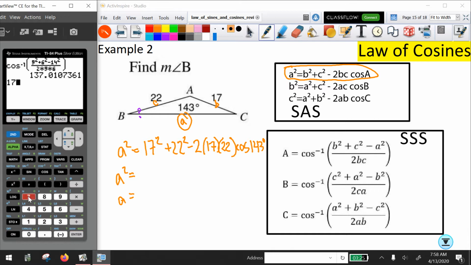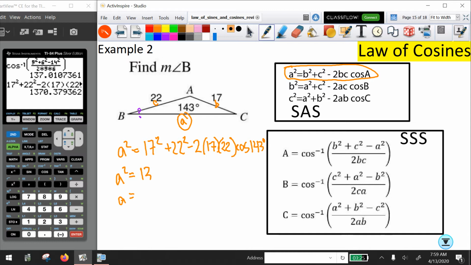17 squared plus 22 squared minus 2 multiplied by 17 multiplied by 22 multiplied by the cosine of 143 degrees. And this is equal to a squared.